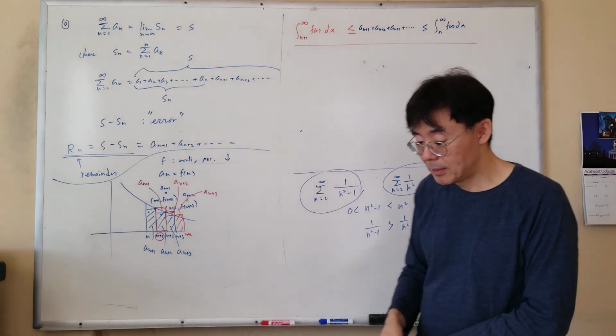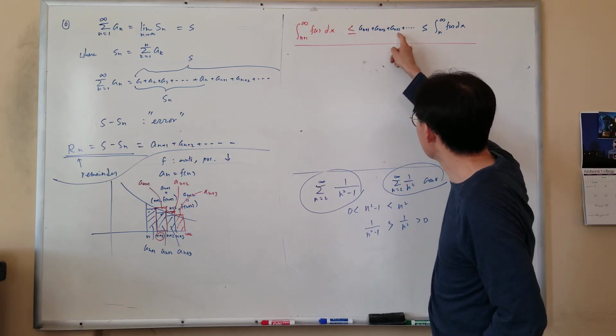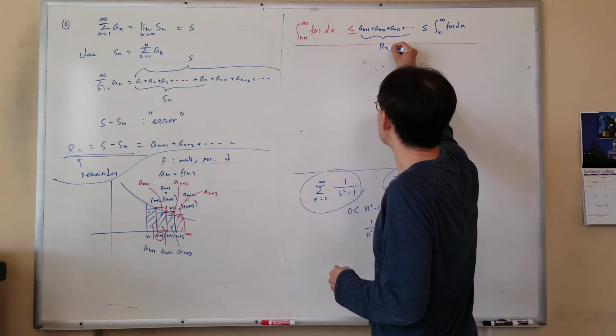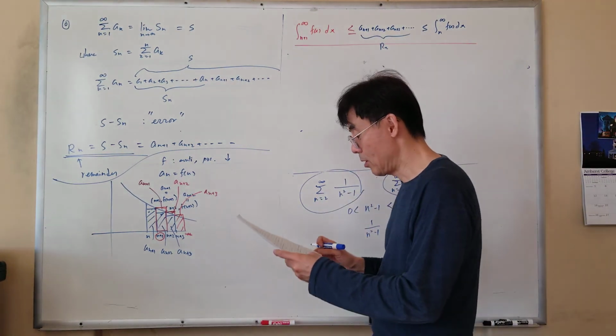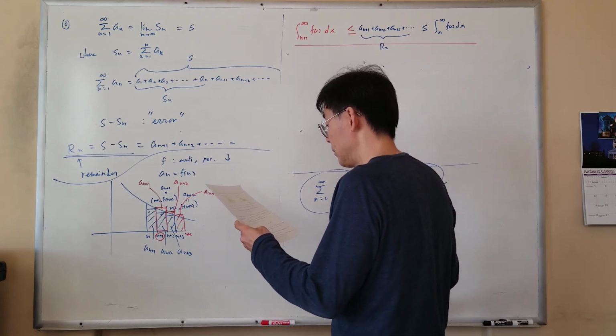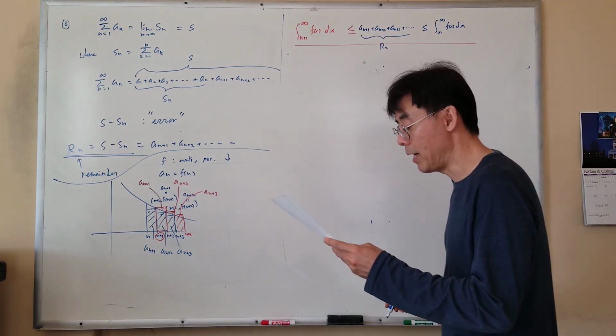So, this is what we have. Alright? And what is this? This is nothing but the remainder, R_n. So that's why you have it here. I'm not going to rewrite it here.